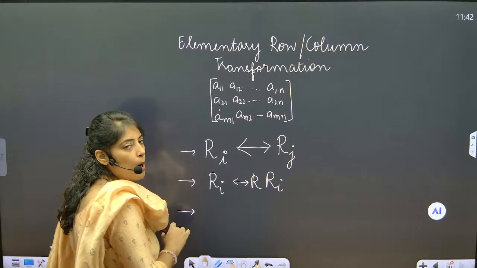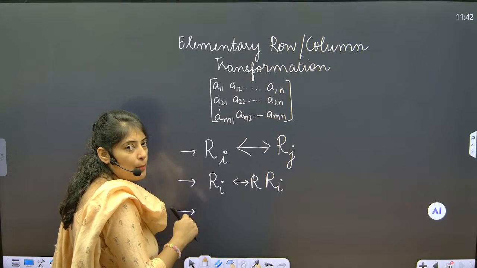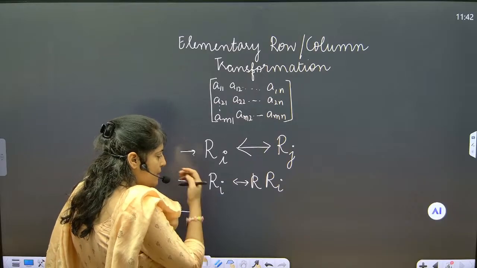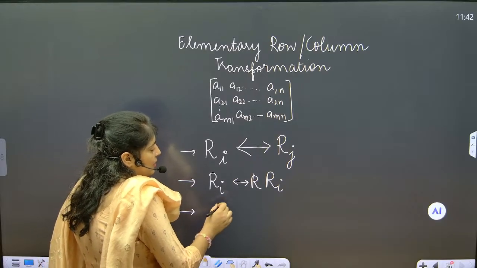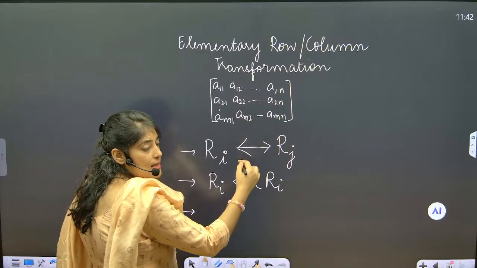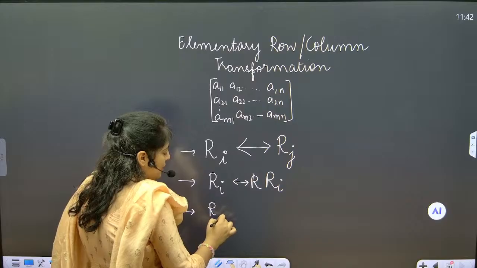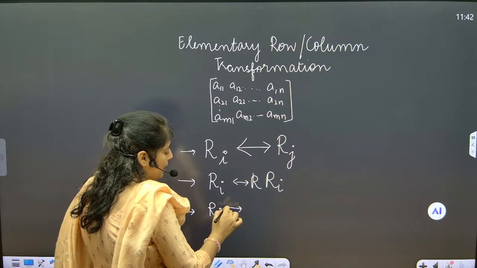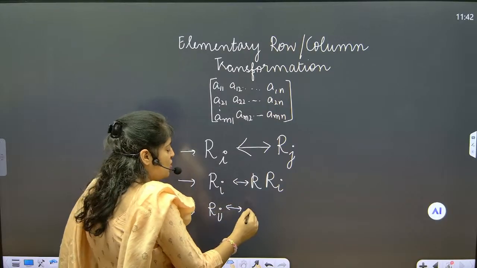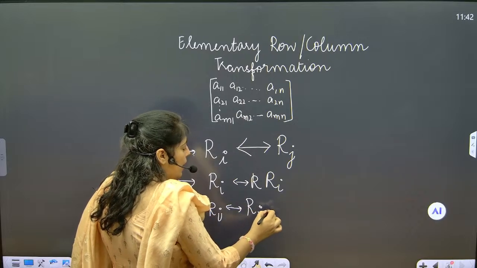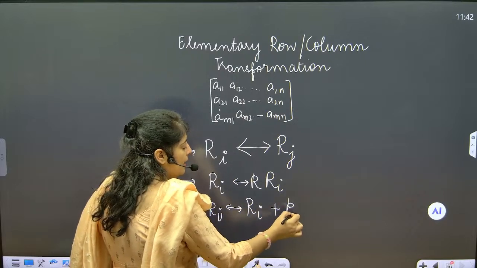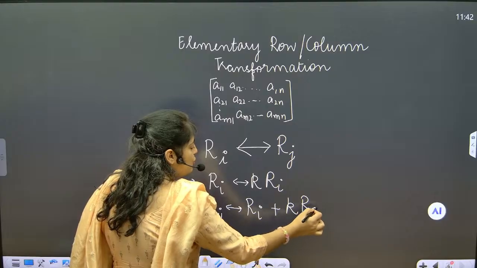Third operation, or third transformation. The first means interchange. And the third transformation is nothing but Ri is changed to Ri plus k times Rj.